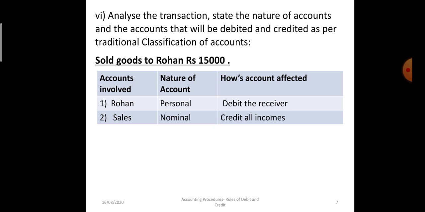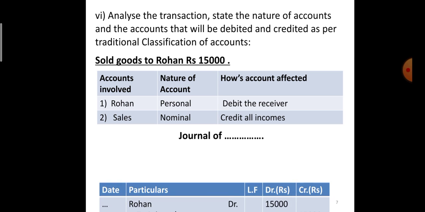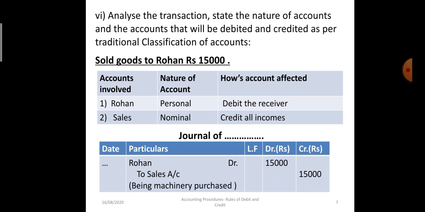Rohan is a personal account in the traditional approach. He is receiving the goods, so he will be debited, the receiver. Sales is a nominal account, credit all incomes, so it will be credited. Journal: Rohan's account debit, or Rohan debit to sales 15,000 rupees.